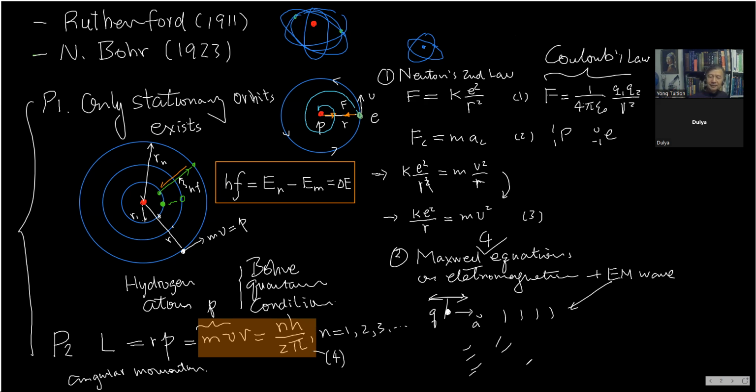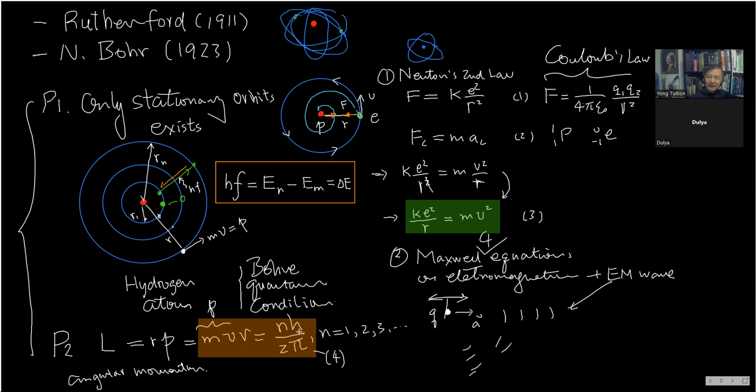Now we have two interesting equations. One is equation 3 we just derived, and another is equation 4. In equation 4, can you guess what h is? Planck's constant, yes, that's right. So it's very clever: he incorporated Planck's constant in his hypothesis.